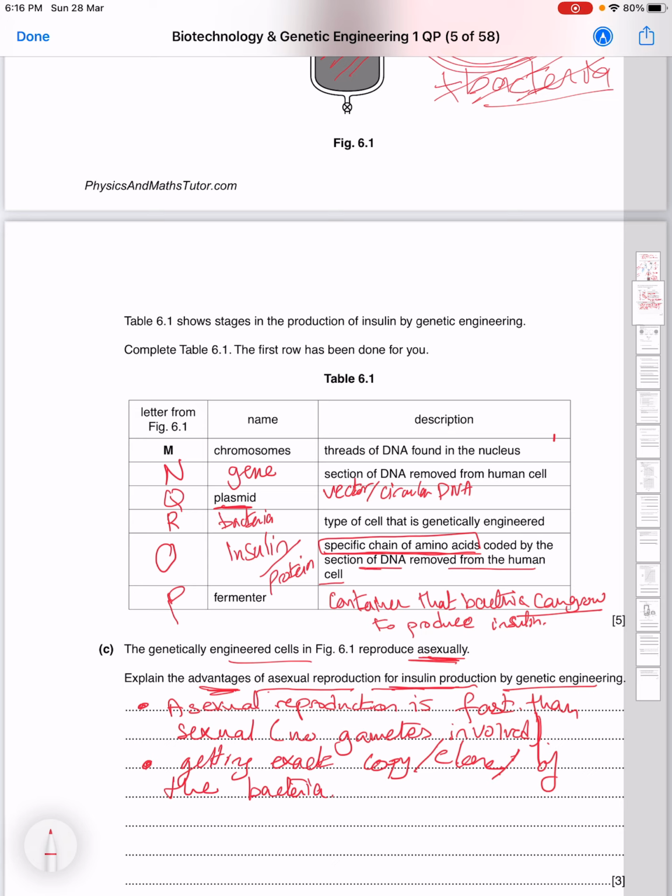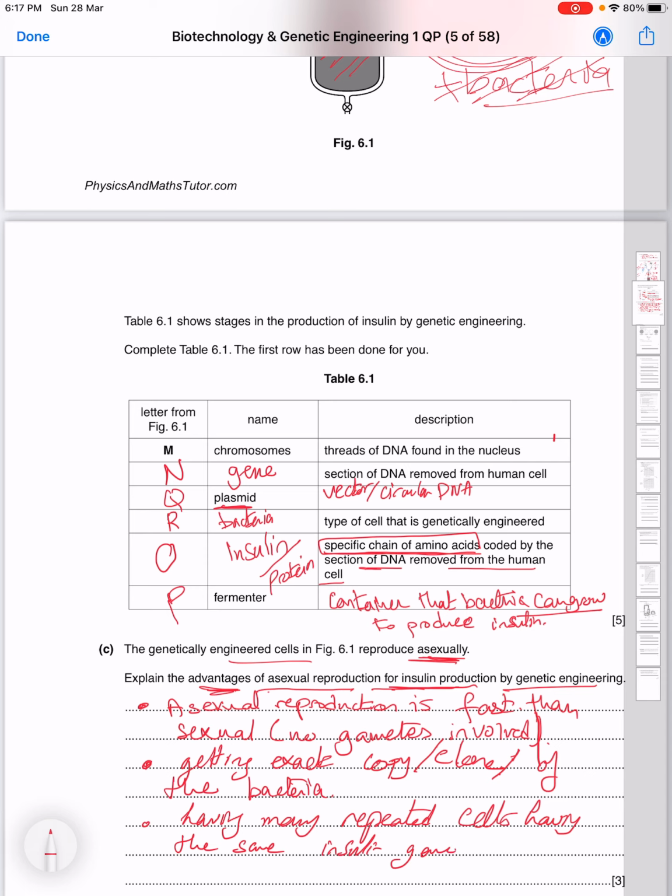So I'm going to write that this will end up having many repeated cells having the same insulin gene.